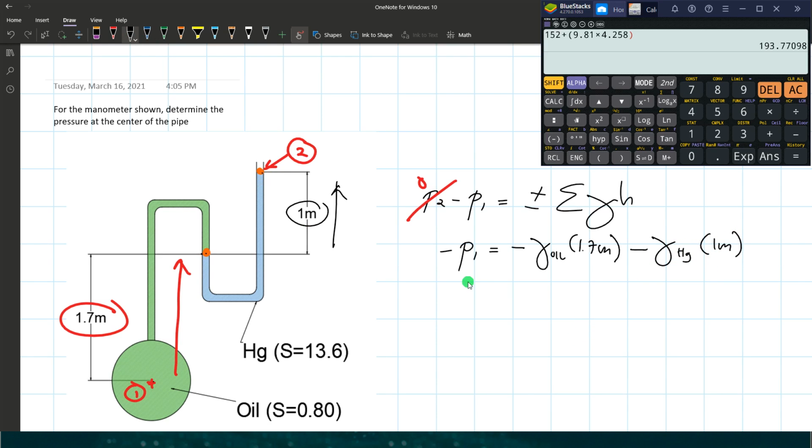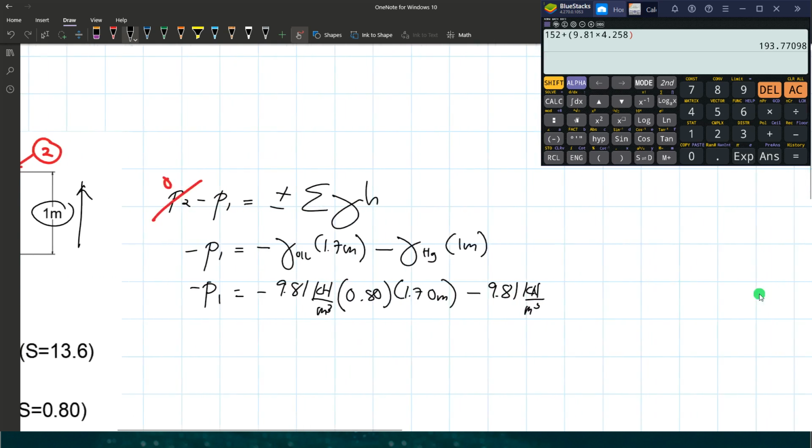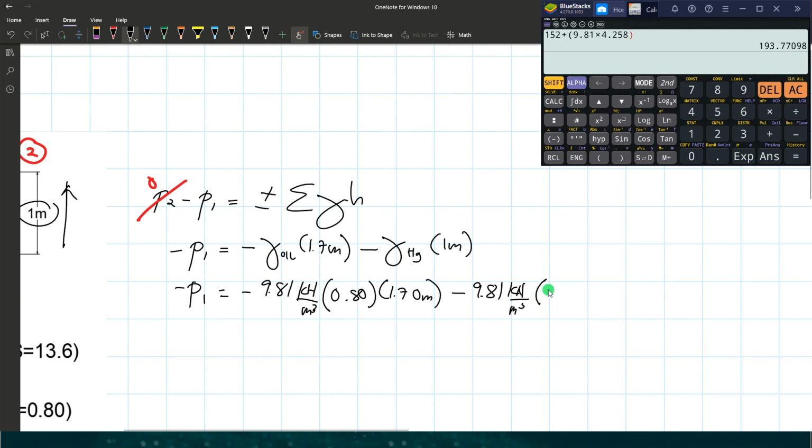Okay, so negative P1 equals negative 9.81 kilonewtons per cubic meter, or the unit weight of water, multiplied by the specific gravity of the oil, which is 0.8, times 1.7 meters, minus 9.81 kilonewtons per cubic meter multiplied by the specific gravity of mercury, 13.6, times 1 meter.